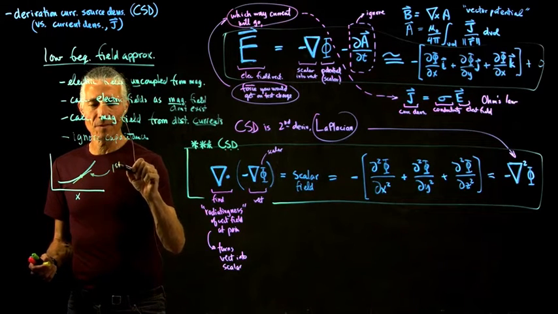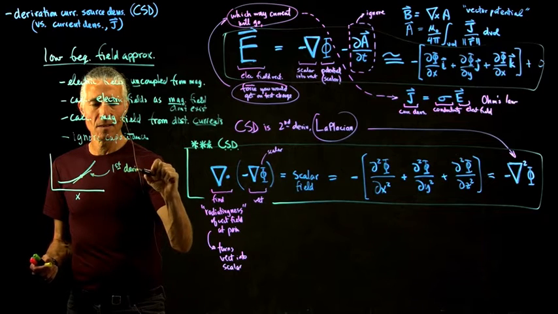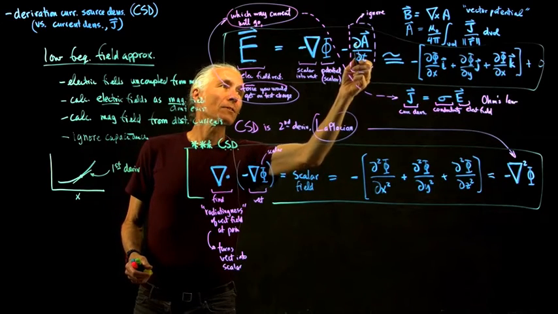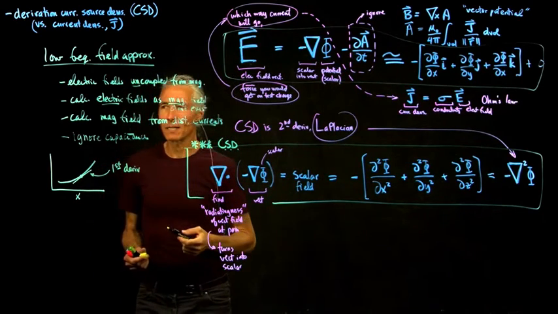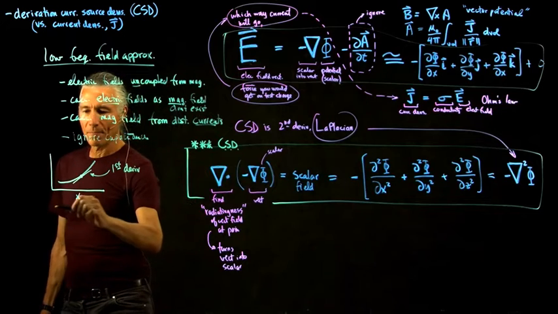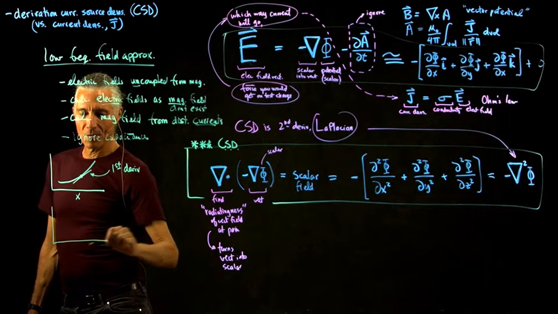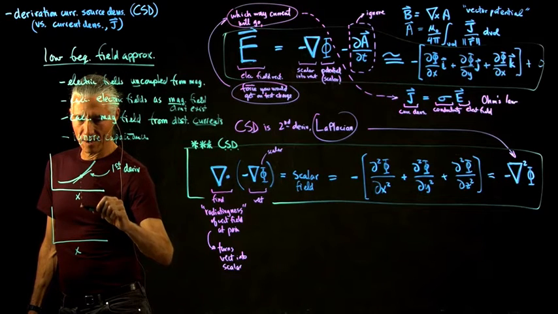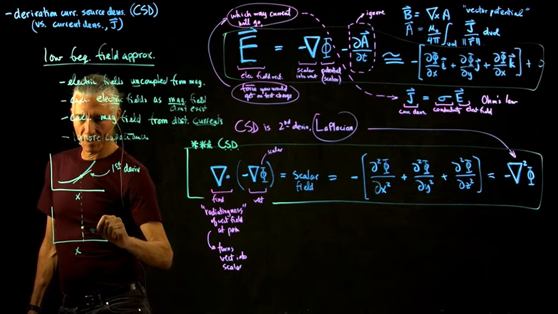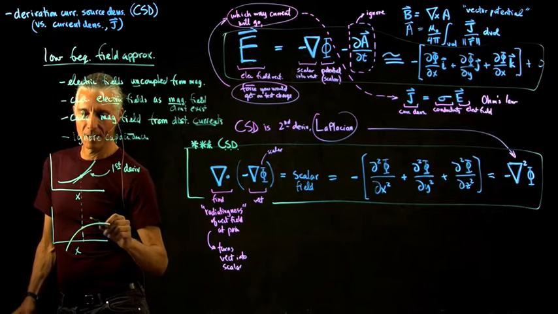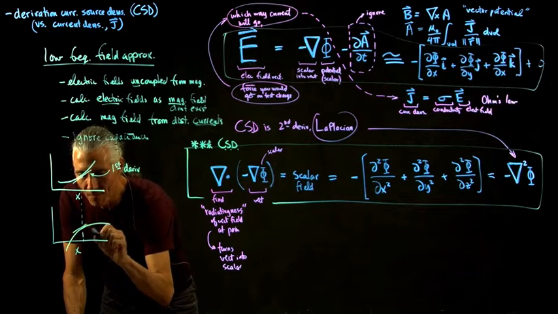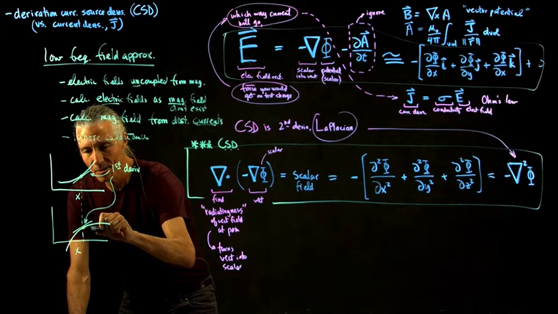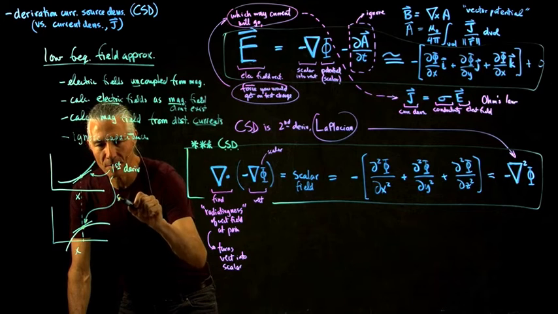It's just how rapidly the function is changing at that point. But if you have another function that looks like this, you would get the same derivative there. So if we took the first derivative at that point, it's going to be the same.